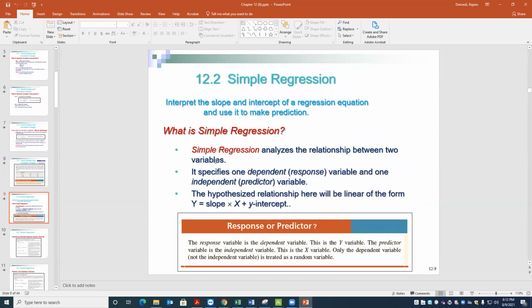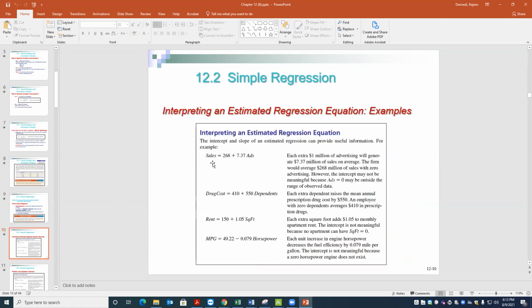Now, simple regression, I already explained: y equals intercept plus slope times x. So these are the interpretations of the regression model.